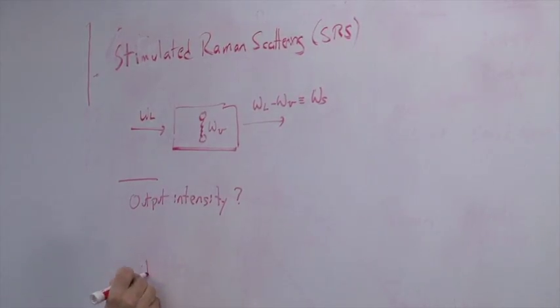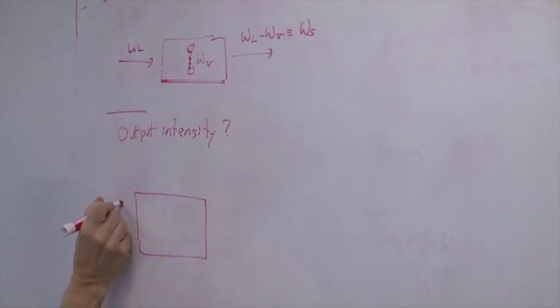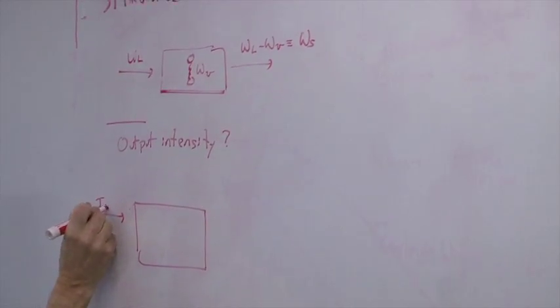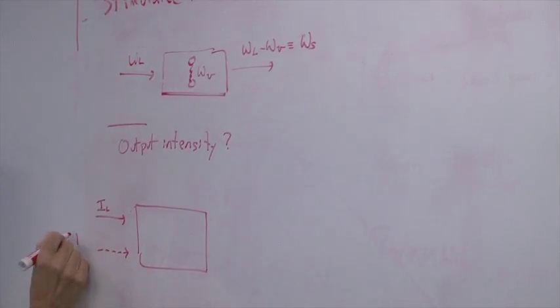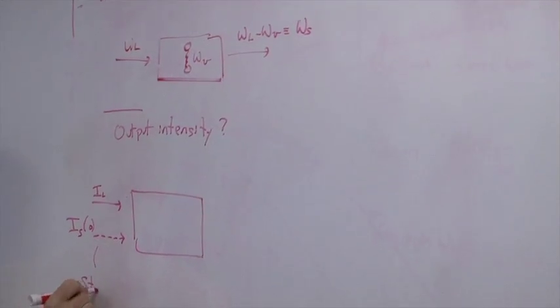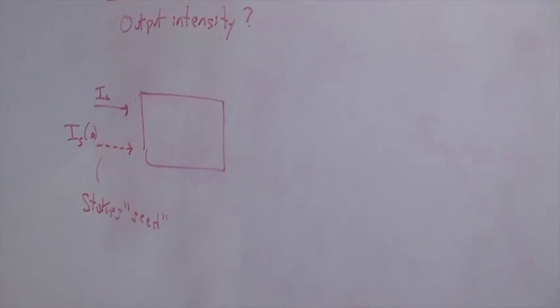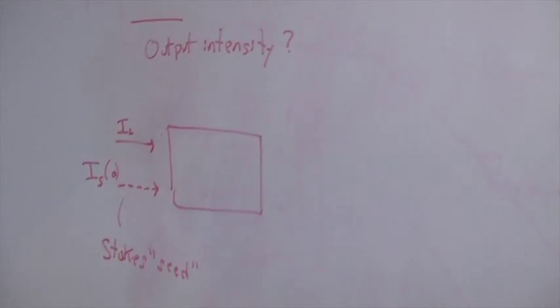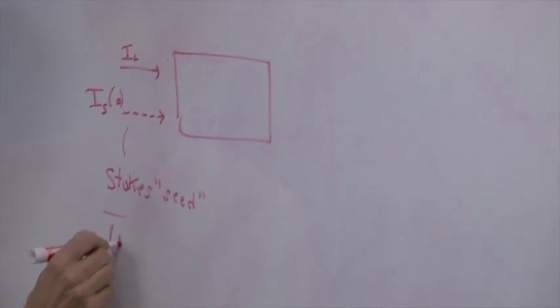So to produce the output intensity, we apply a laser beam of intensity I sub L, and we apply a very weak beam at the Stokes frequency, I_S of 0. We can call this the Stokes seed. It's the beam that seeds the process, and it could well be the vacuum.